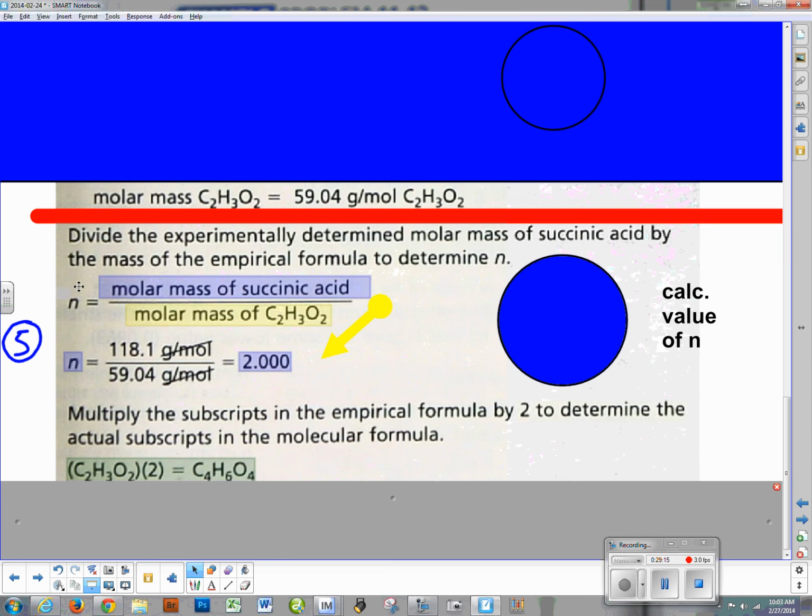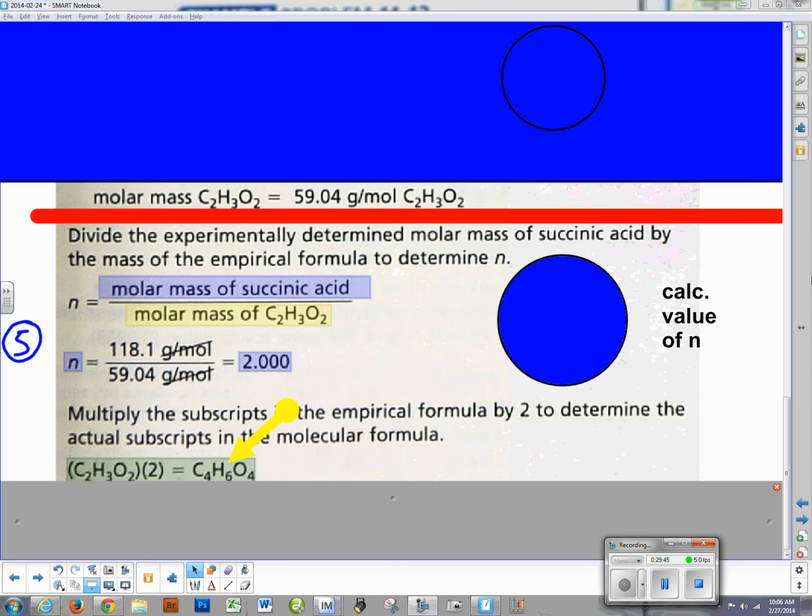It's just a whole bunch of numbers and words until you hook it up. So when we multiply this n, which we figured out right here, by the empirical formula, we got the molecular formula.